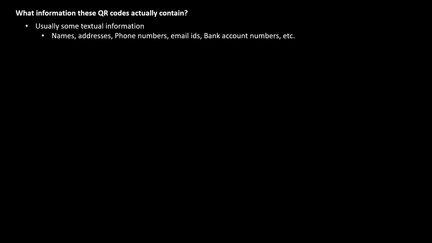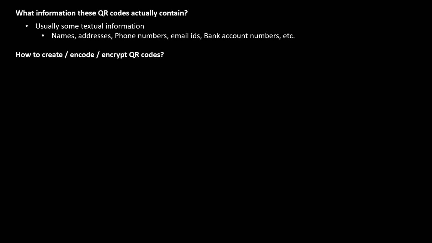So textual information such as names, addresses, phone numbers, email IDs, bank account numbers, etc. So you might have realized that it is alphanumerical. Some special characters can also be there. So it is especially the ASCII character set. The entire ASCII character set can be included within the QR codes.